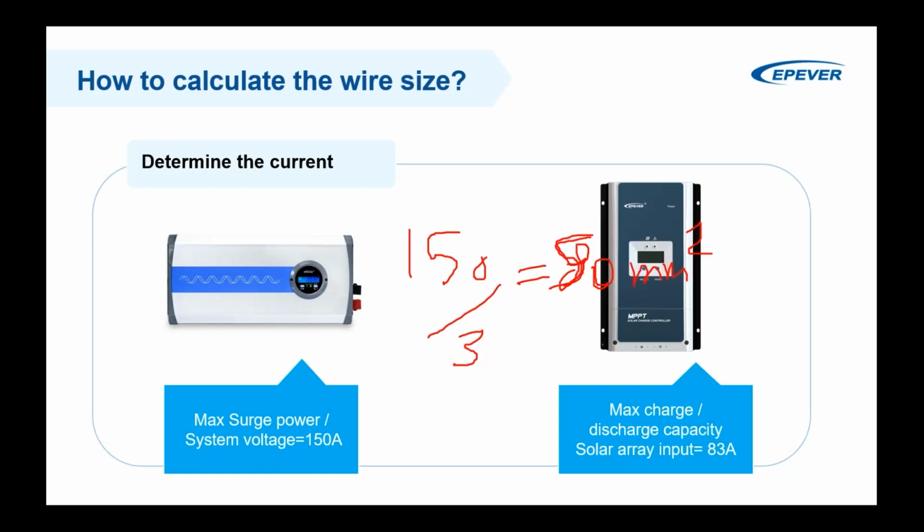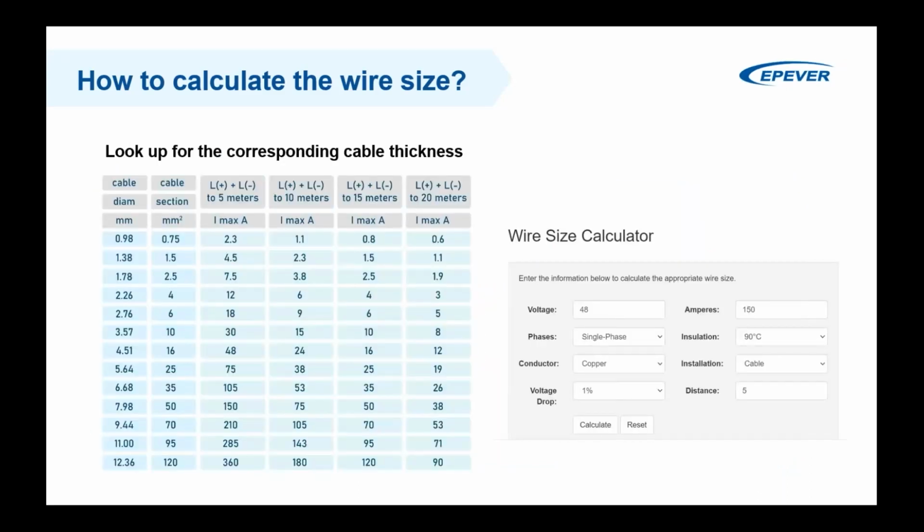It's the same if you divide the current that you got, for example, for the charge controller. So a straightforward and easy thumb rule is to divide the current by 3, and what you get is the cable thickness in square millimeters.